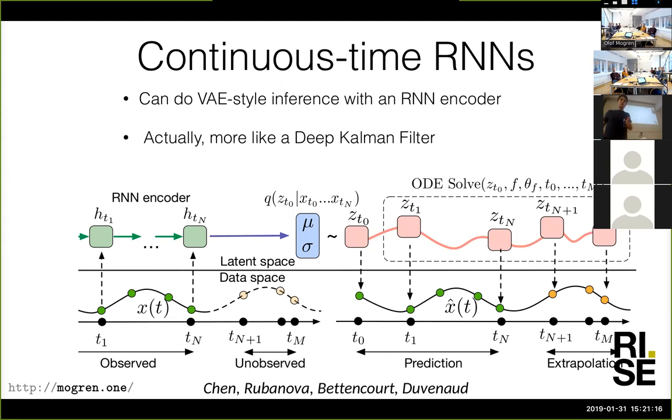but they also blend in an RNN. So they're kind of training a sequence-to-sequence model with the encoder being an RNN. That means that the encoder is seeing the observed data points here.